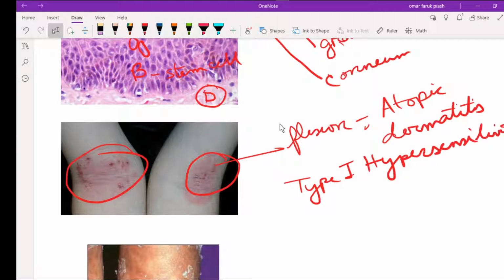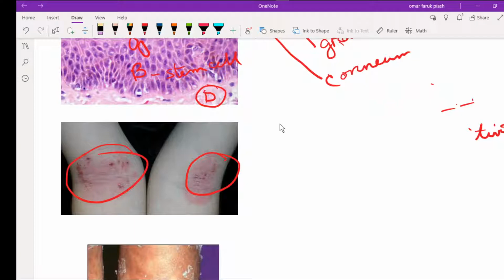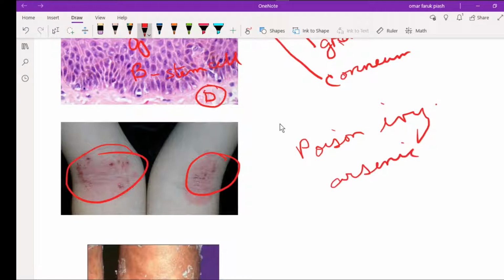And the same kind of presentation, a pruritic erythematous oozing rash with vesicles and edema, can happen due to contact with metals like a nickel watch, under the surface of the nickel watch, or like poison ivy, arsenic, or drugs.